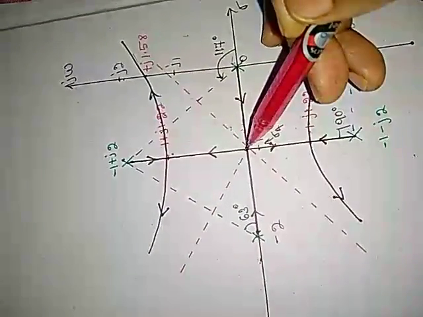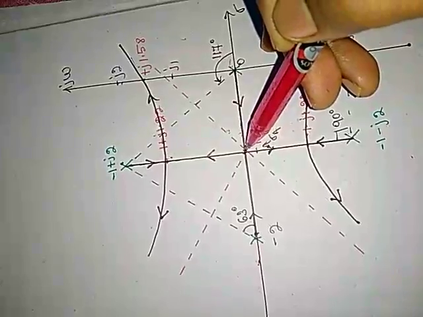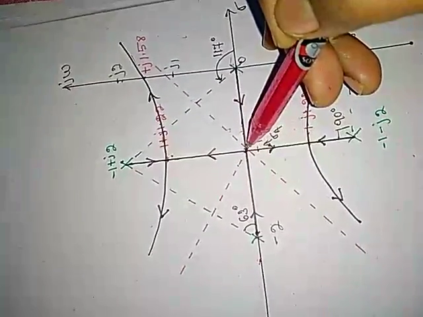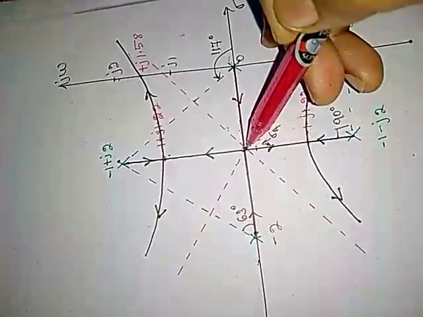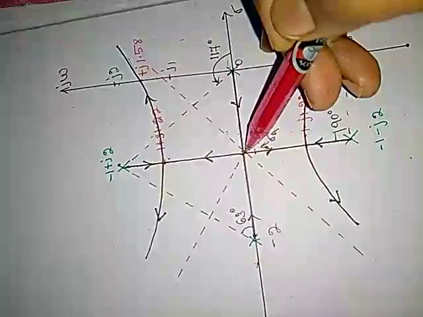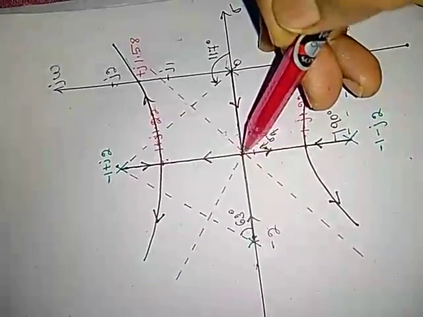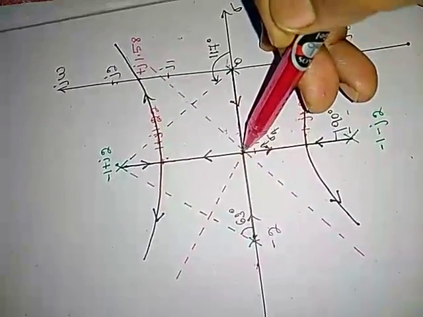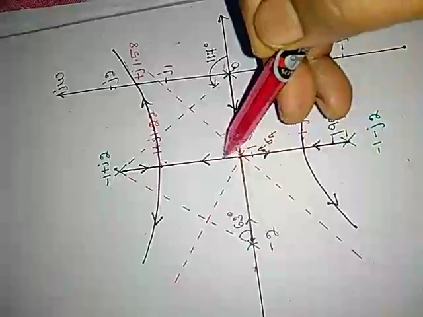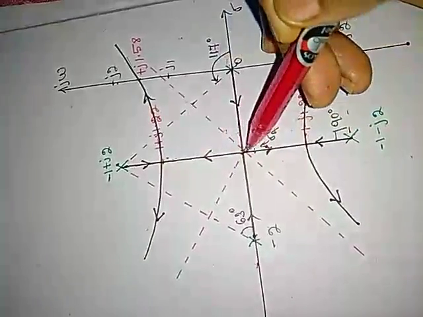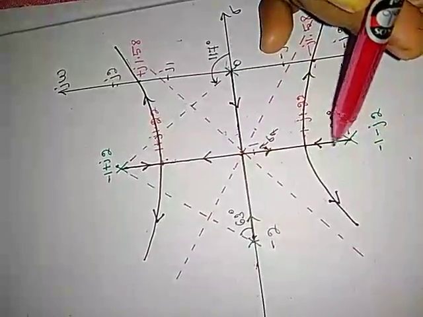Means if the centroid and breakaway point are same, then the root locus, which leaves or breaks from this real axis, moves exactly 90 degrees in the imaginary axis.